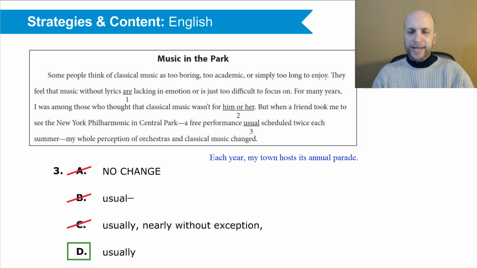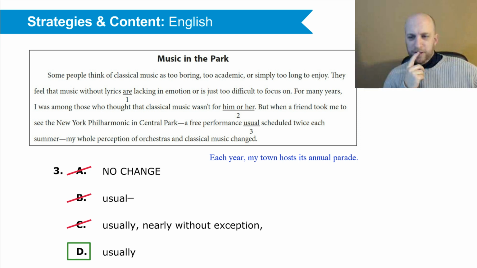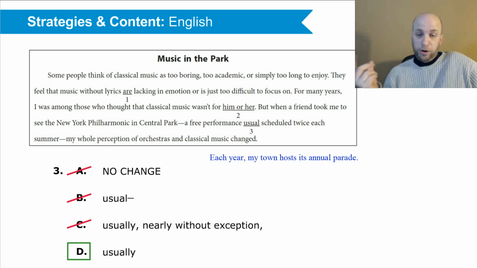Wait a second, are you guys seeing this? Oh my gosh. Each year and annual mean the same thing. Of course they do. So what we do is just say each year my town hosts a parade, or my town hosts an annual parade. Exactly. Great. Celine, yeah, perfect.